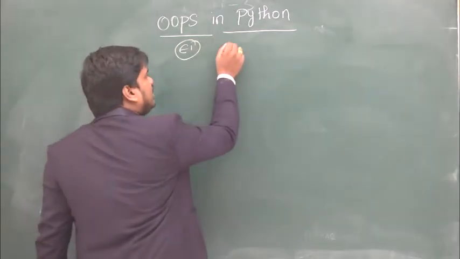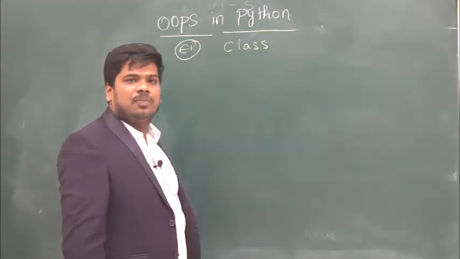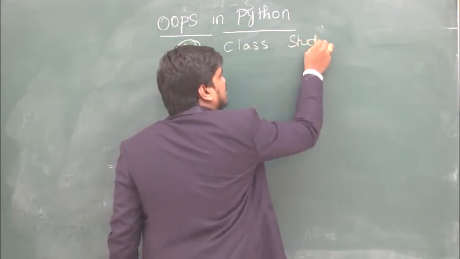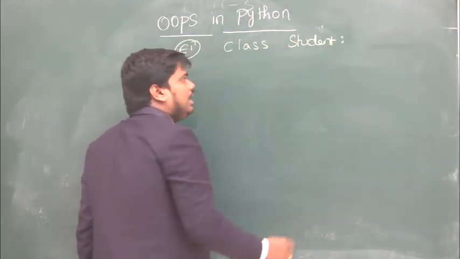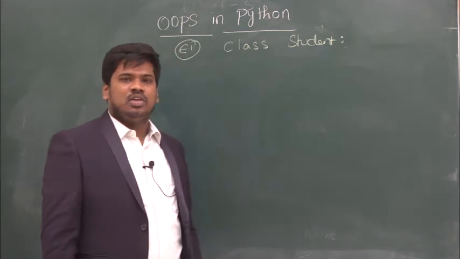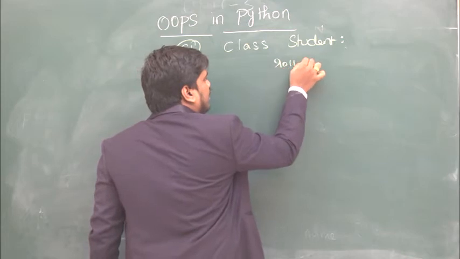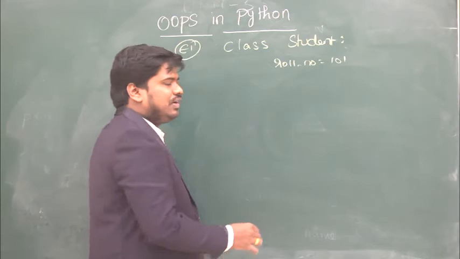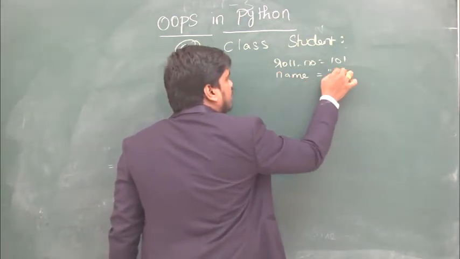Observe carefully. class is a keyword followed by the name of my class, that is Student. Since I am writing a block of statements, I have used a colon here. Next, roll number is equal to 101, and the name of the student is equal to Ramesh.